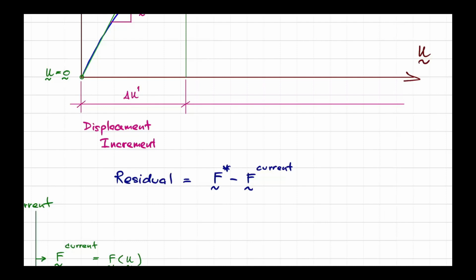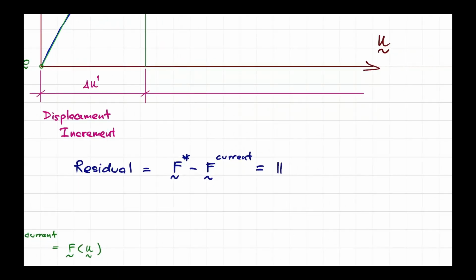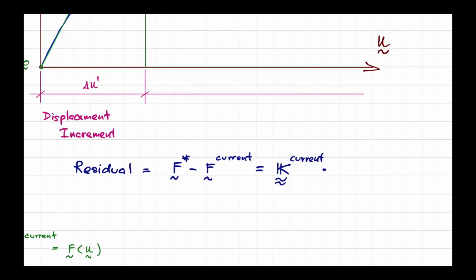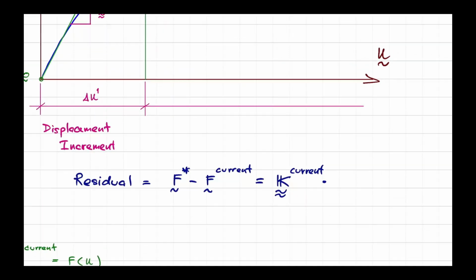The projection will be made from this current point, equal to the K, which is the stiffness matrix, or basically the slope of the system. K is the K current as well, multiplied by the displacement increment, which I call delta U.